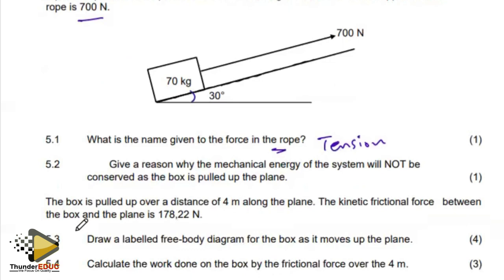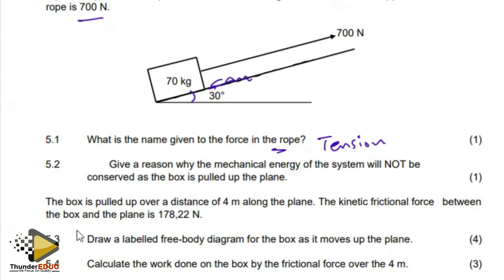Question 5.2: give a reason why the mechanical energy of the system will not be conserved as the box is pulled up the plane. The reason is that the surface is rough. As you're trying to pull it up, friction is trying to pull the box downwards, so you'll have to cover up for the losses.